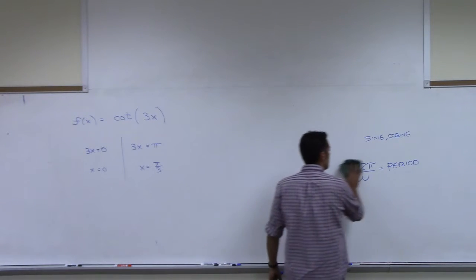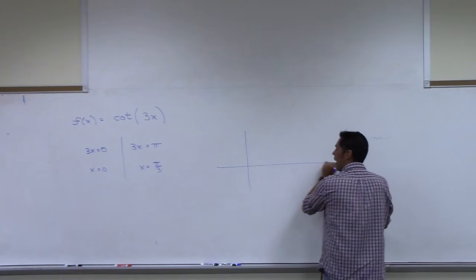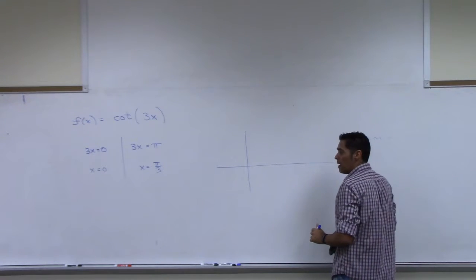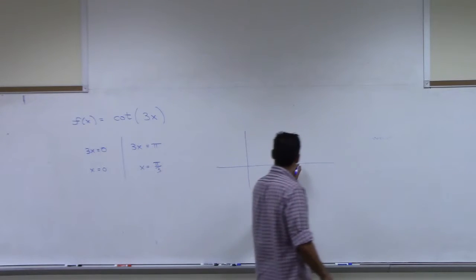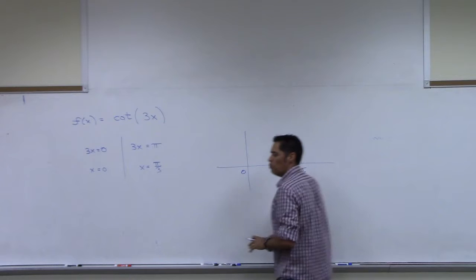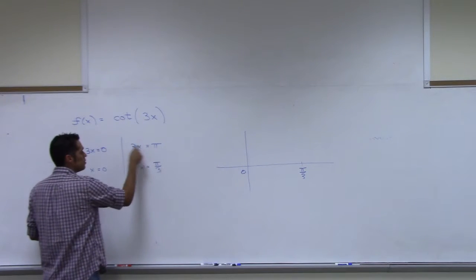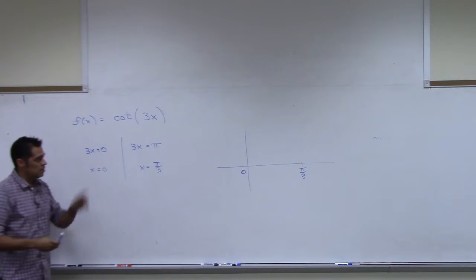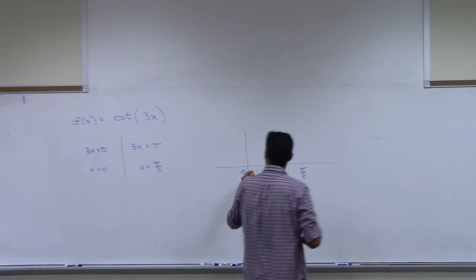Okay, so here, what we're going to do is go to our number line, our graph. I'm going to go to 0 and pi over 3. And what am I going to put at 0 and pi over 3? What was going on at 0 and pi on our cotangent function? Asymptotes. So you need to put asymptotes at 0 and pi over 3.